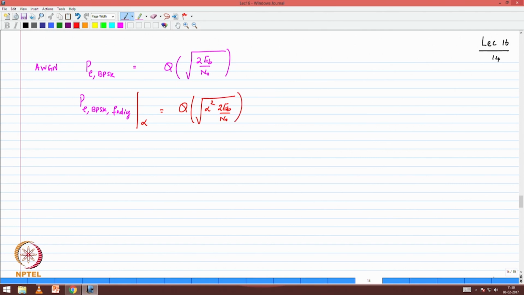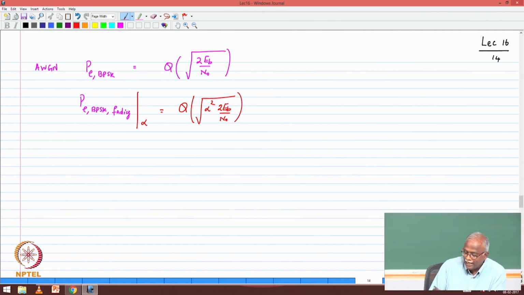In most cases alpha is going to be less than 1, and therefore the bit error rate is now a function. So, BER in fading is actually a function of the Eb by N naught. Yes, that is your nominal value where you have set. It is a function of that. It is also a function of the instantaneous value alpha. So, if I were to ask you what is the probability of error of BPSK in fading, what would you have to do?